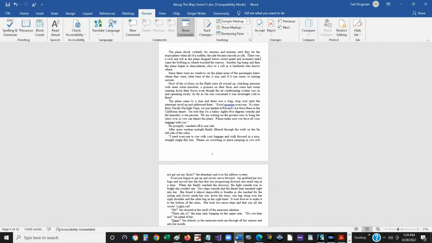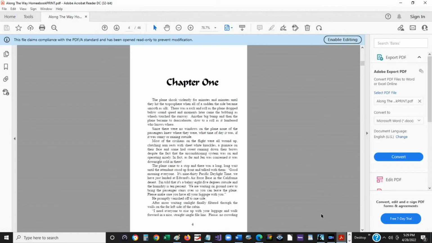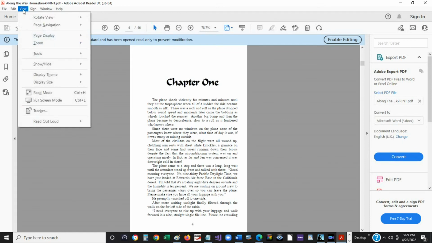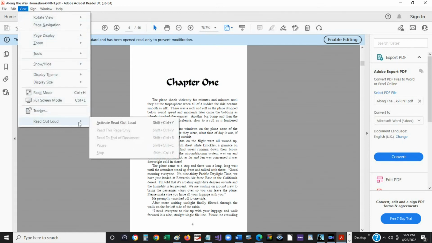And then you go to the read aloud. You go to the text-to-speech part with Windows, or if you haven't got Windows, you can use Adobe Reader, which is free. Adobe Reader under the View menu has a Read Out Loud function that works a lot like the one in Word, and you follow along in a word processor.